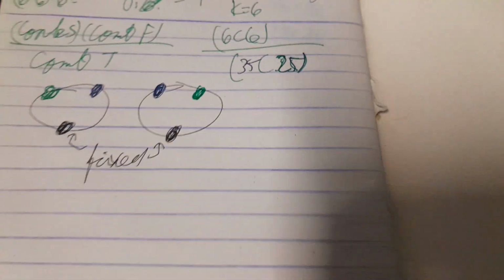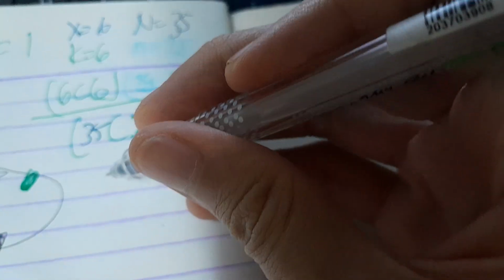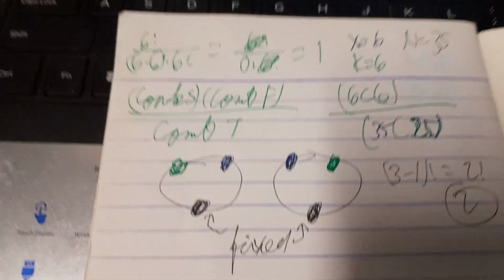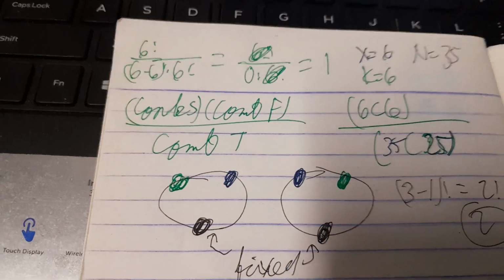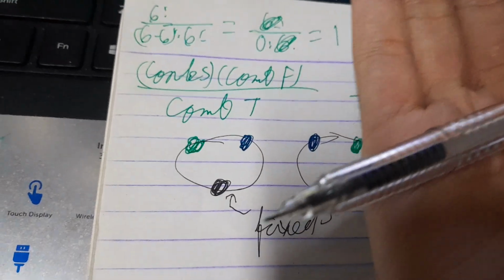That is equivalent to n-1. There are 3 beads, so 3 minus 1 factorial, which is 2 factorial, giving us 2. So 2 ways. But remember, we are going to make a necklace. If you look at the necklace, you can flip it. So let's say you hold the necklace.